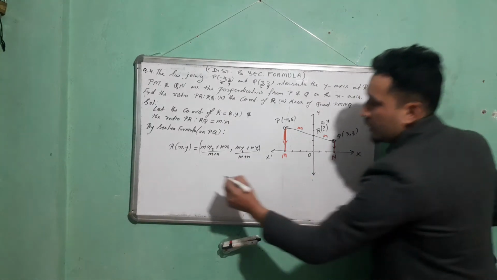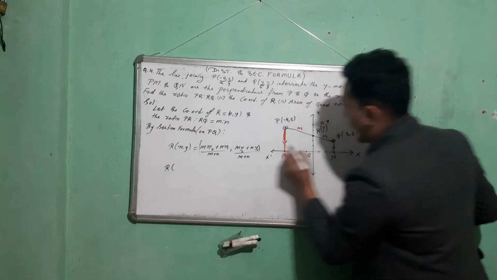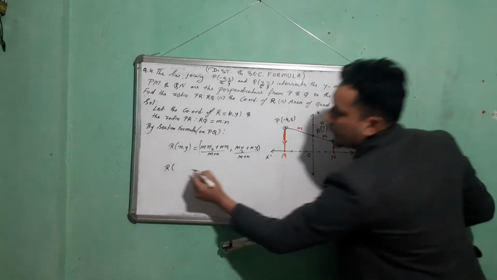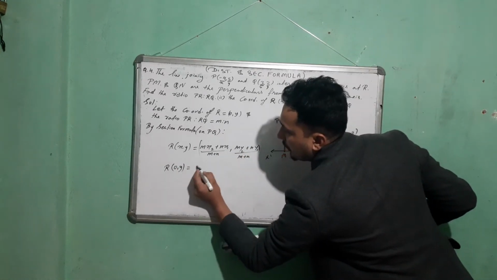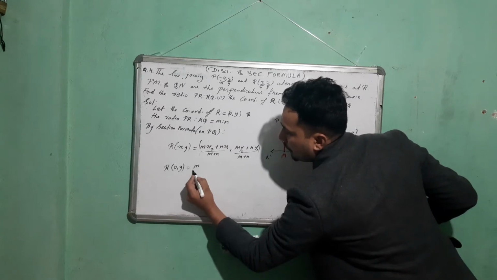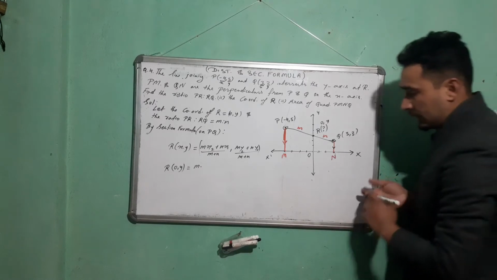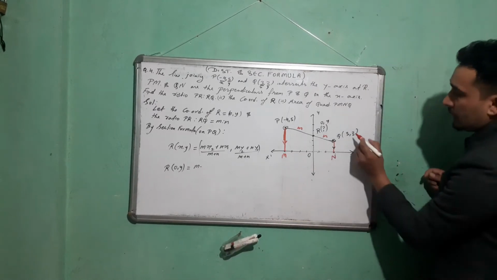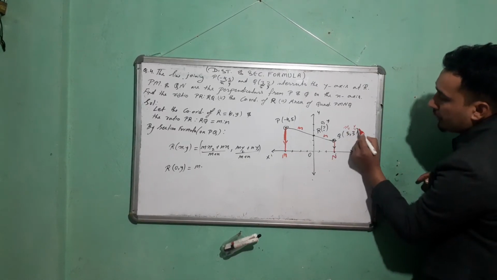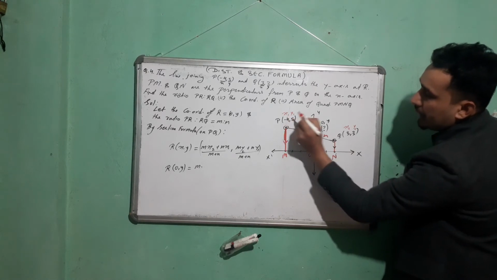So in place of (x, y) for R you have (0, y). The value of m is unknown. This is (x2, y2) and this side is (x1, y1).